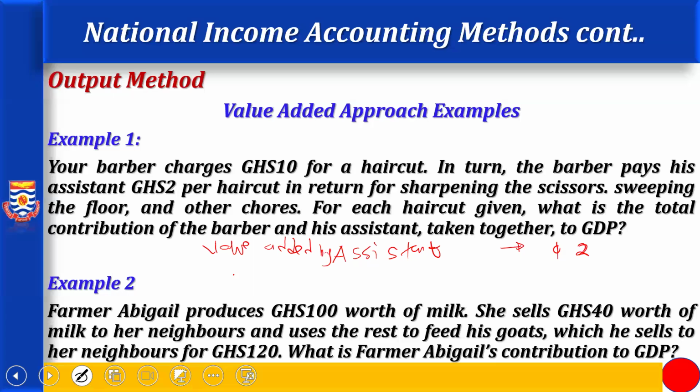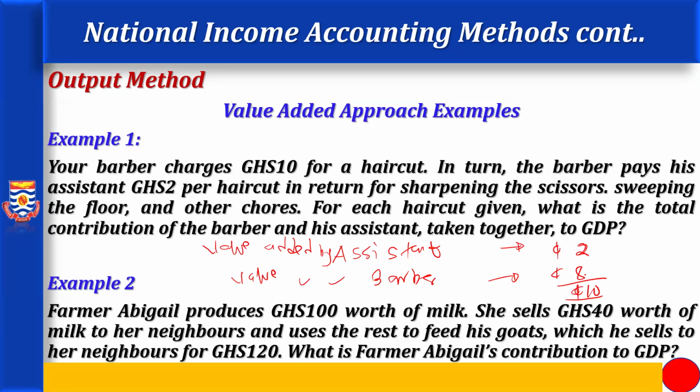Then the value added by the barber himself is the 8 cedis. So in total, we have 10 cedis. The 10 cedis was what was charged to the final consumer.